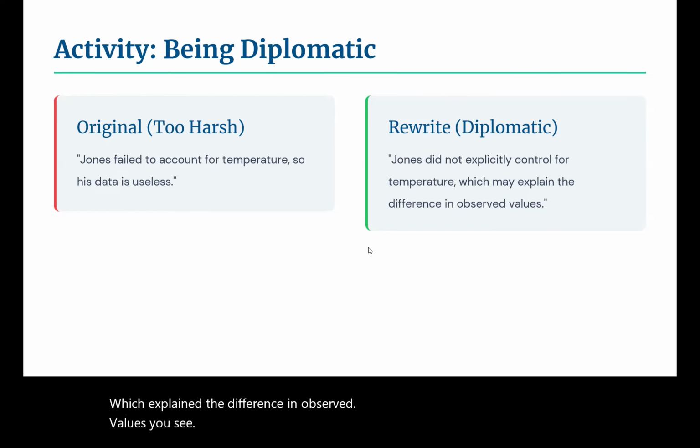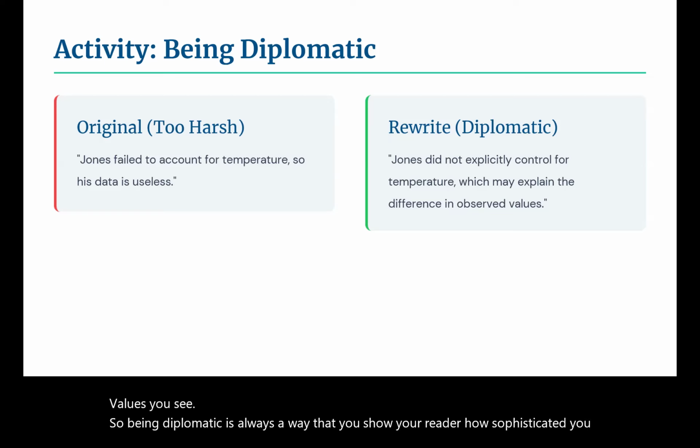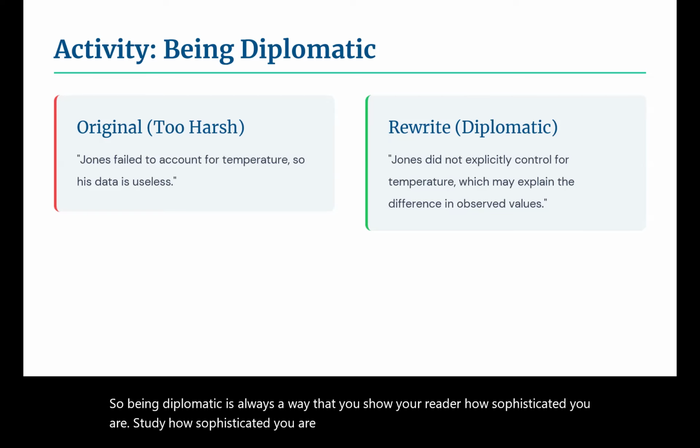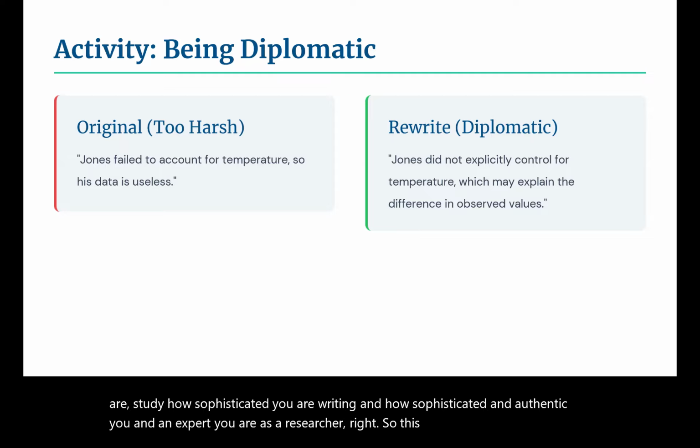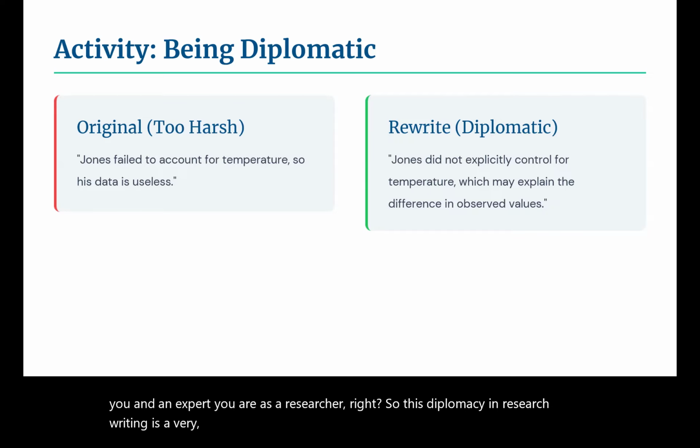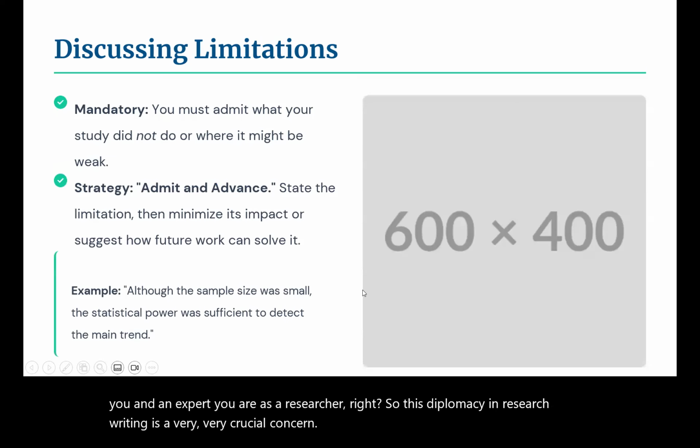So being diplomatic is always a way that you show your reader how sophisticated your study, how sophisticated your writing, and how sophisticated and authentic you are, an expert as a researcher, right? So this diplomacy in research writing is a very, very crucial concern. Well, shall we move? Yes.